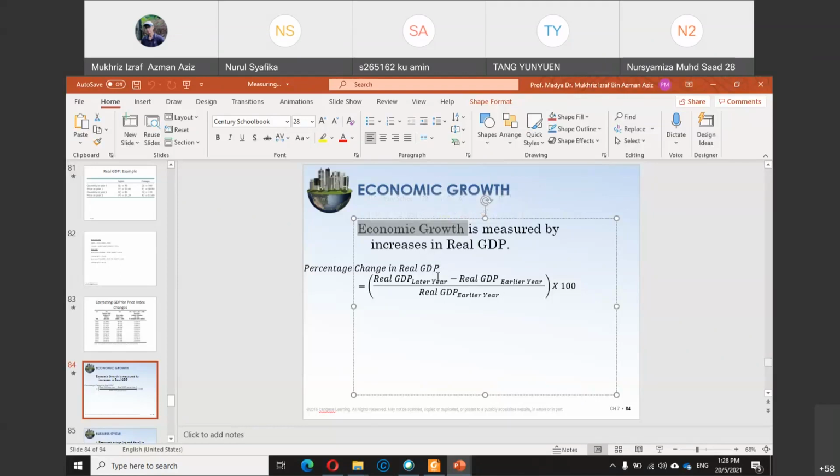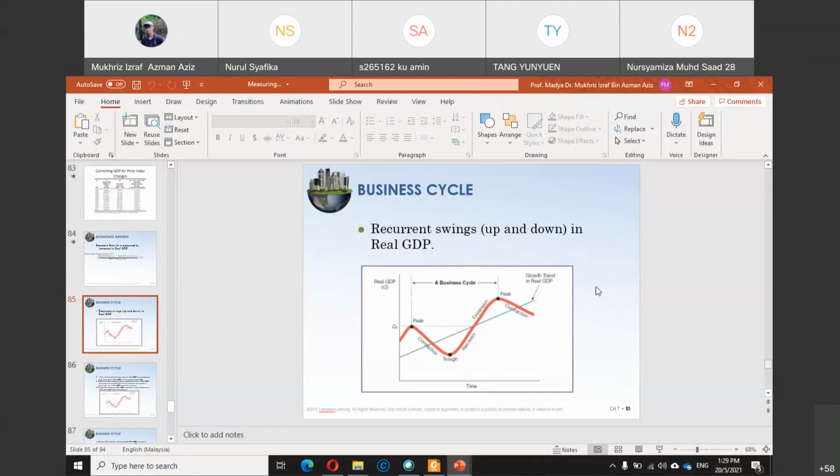So the formula: you must use real GDP instead of nominal GDP. The growth formula is the same as any other: current value minus previous value, divided by previous value, multiplied by 100. So the main thing is to use real GDP, not nominal GDP.